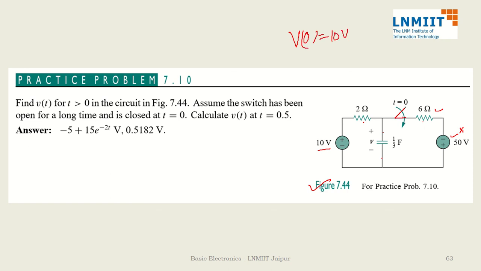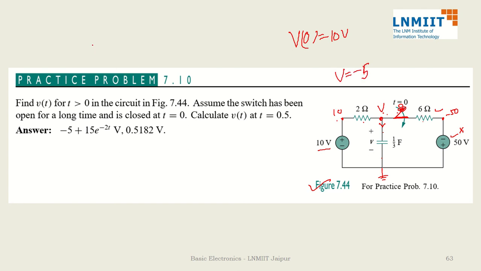Once you connect this, I will have a final value across the capacitor which can be calculated by using KCL or KVL. This point is 10, this point is minus 50. So (V minus 10) by 2 plus (V plus 50) by 6 equals 0 because nothing will flow here. From there you will get V. I think you are going to get V equal to minus 5.